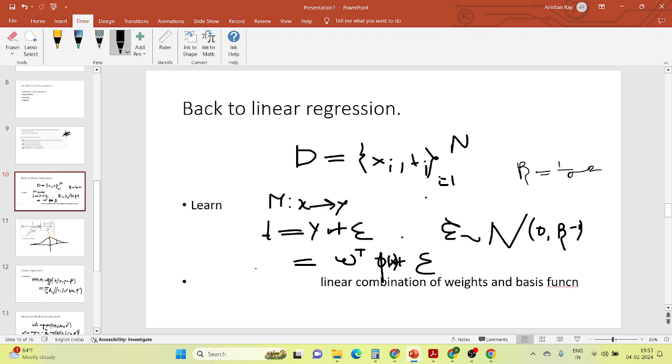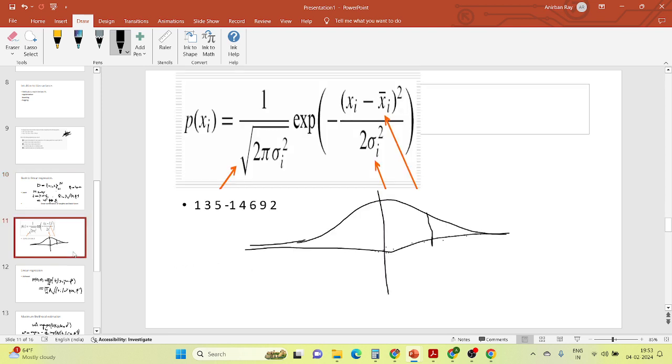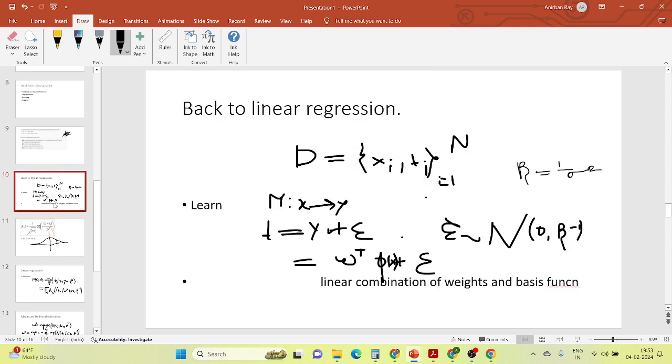So can you tell why the noise follows the normal distribution only? It is an approximation, because the models are habituated towards normal distribution, and most of the real world data follows normal distribution. That is the main reason.